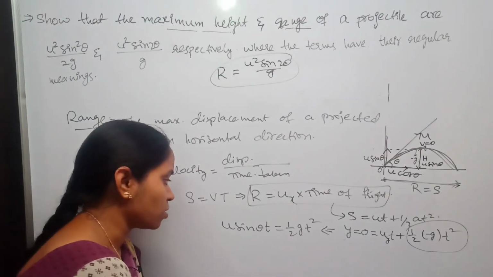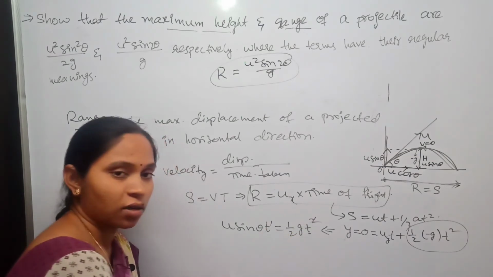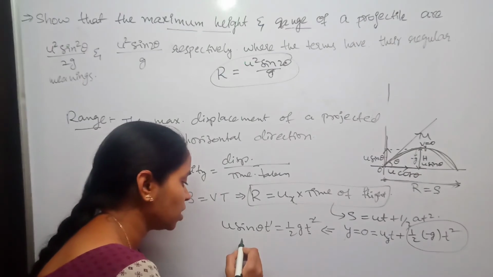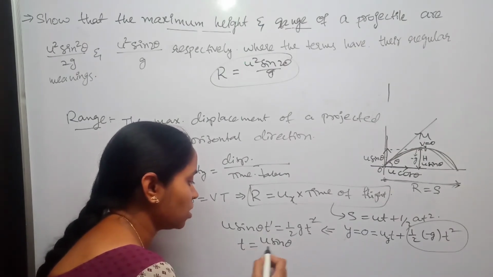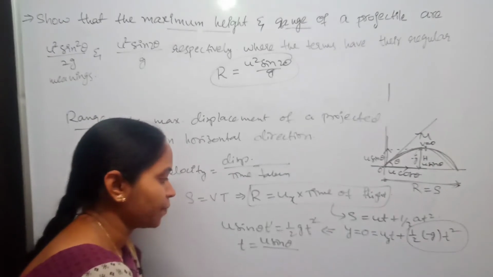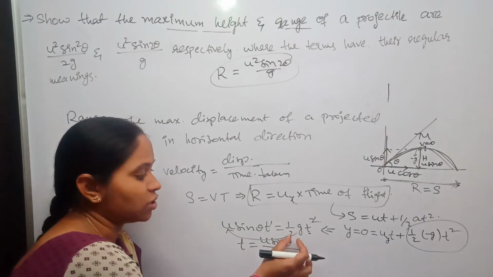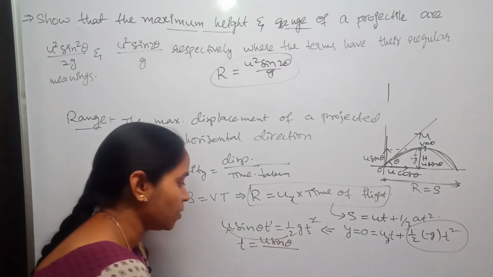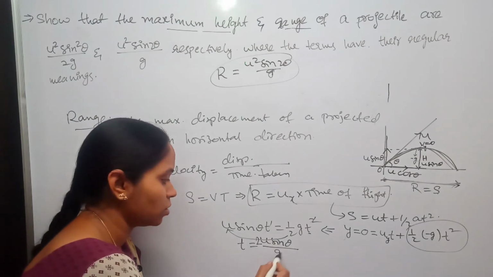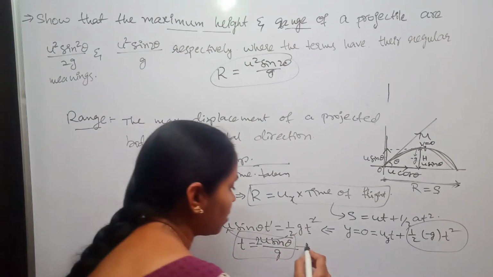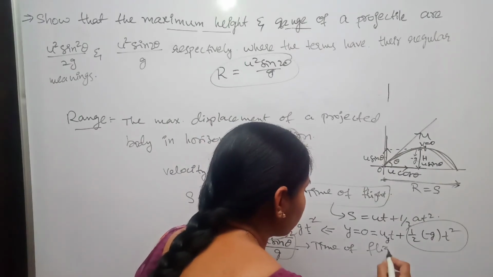From this equation, t cancelled and we left one t here, one more t here. Therefore, this t is equal to u sin theta, and this 2, I just brought towards the left side. Therefore, you have 2 u sin theta by g. This is the time of flight.